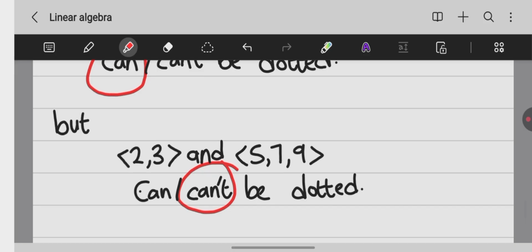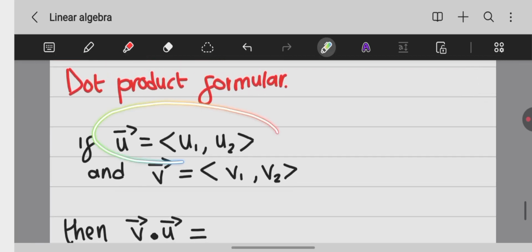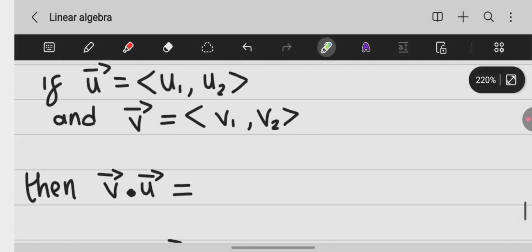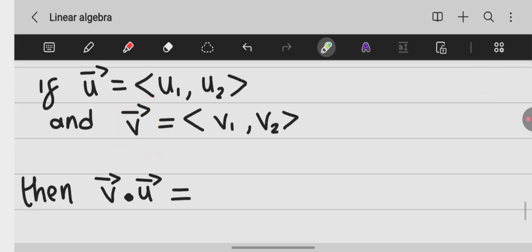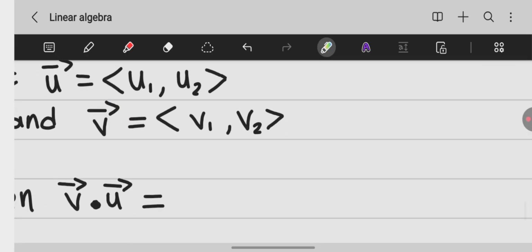I have here a little formula that I want us to work on. If U is a 2-dimensional plane vector, meaning you have a Cartesian plane with only X and Y, and V is also that, then to calculate the dot product you would have U1 times V1, and then you add U2 times V2.